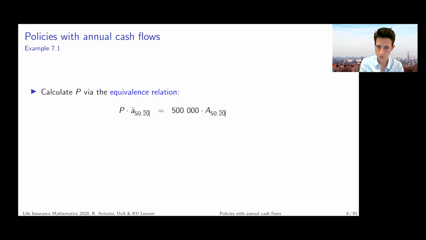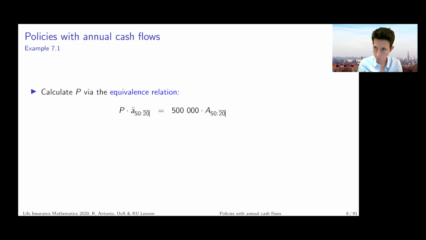The sum insured is 500,000 euro. And on the left-hand side of the equation, you see the EPV at time 0 of a level premium P, so constant premium P, that is payable throughout 20 years, and again this is issued to a 50-year-old.